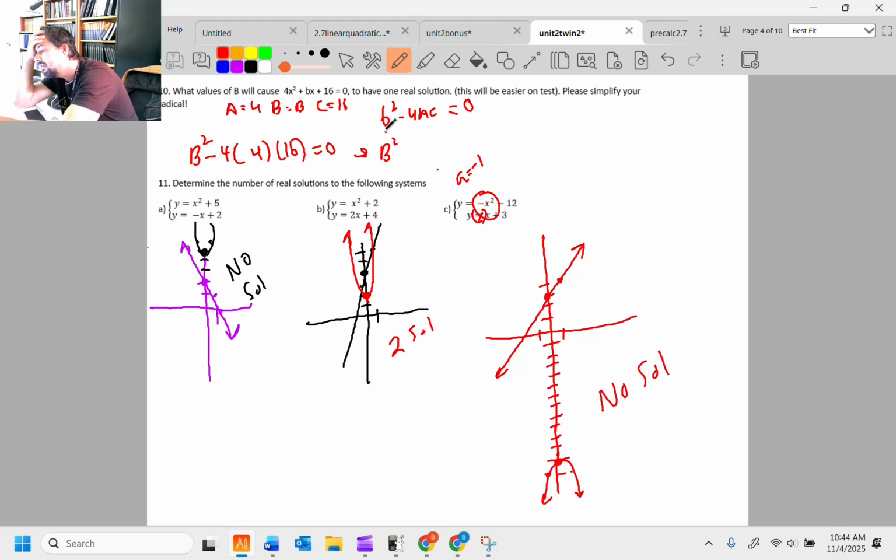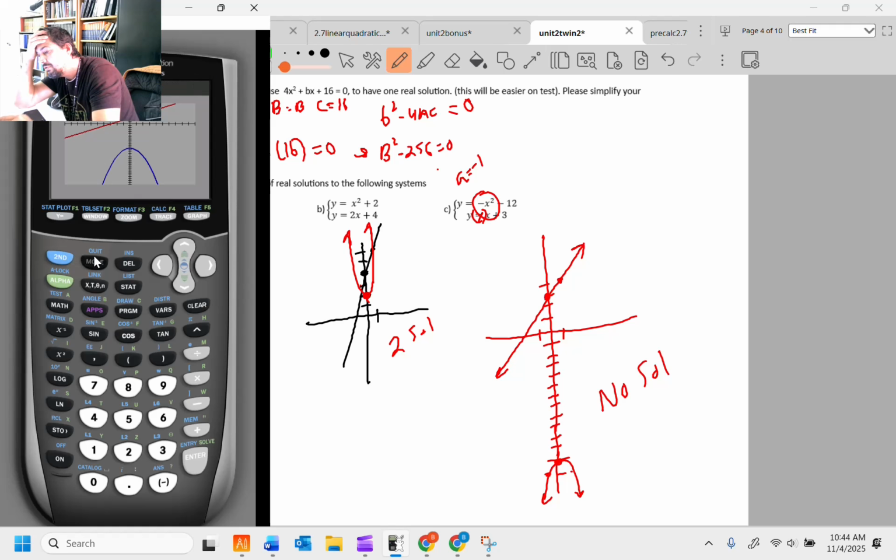Please don't be lost in the calculations, okay? I don't often show it. And I know that number sense is an issue, but I literally just typed in negative 4. I did negative 4 times 16 in my head. I got negative 256.